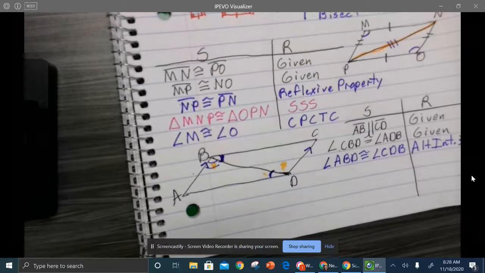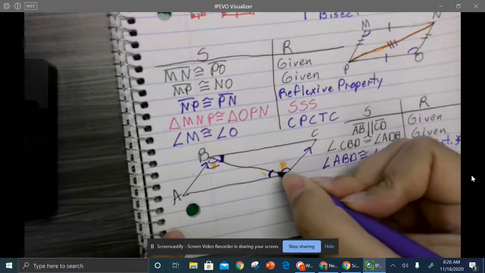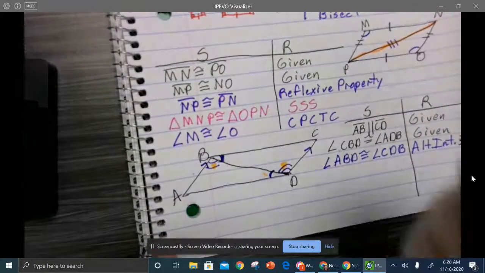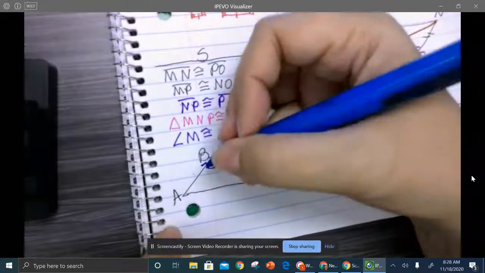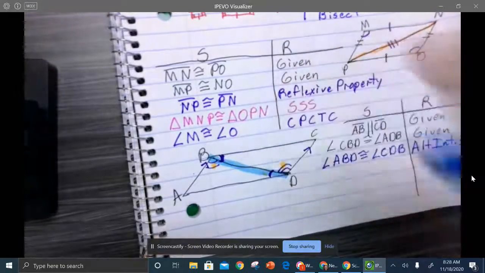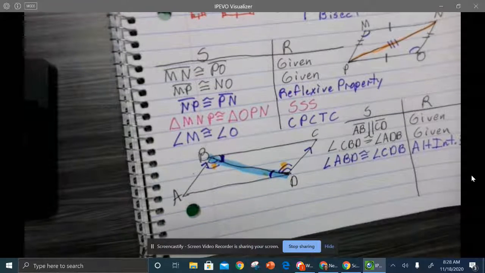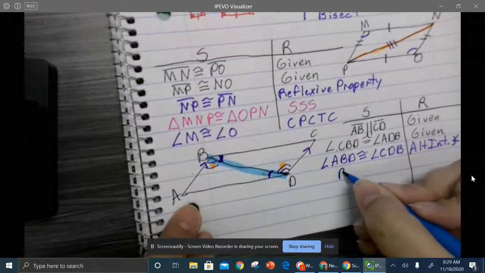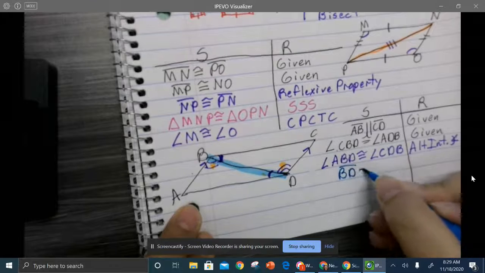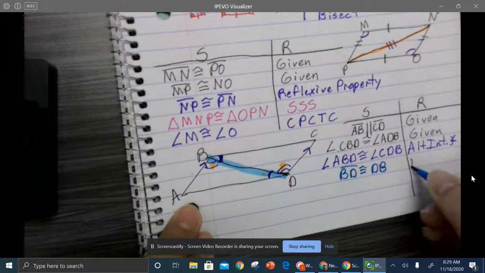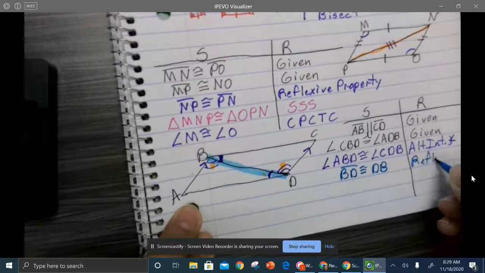A shared side right here. So BD is congruent to DB for our reflexive property.